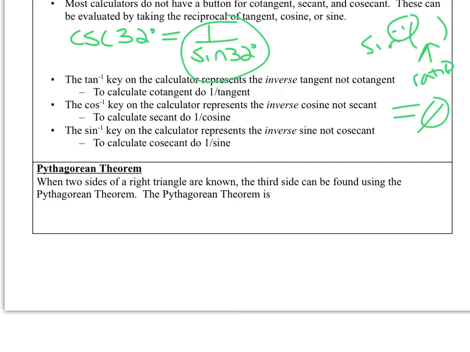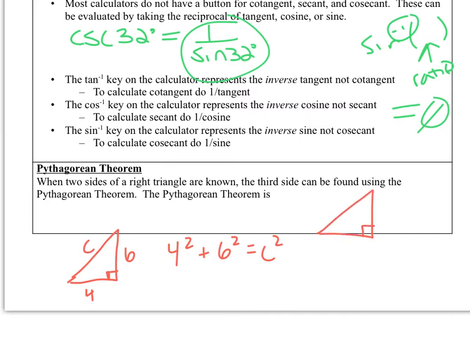All right, so when we are solving for a side of a right triangle, you've been doing this since middle school probably. If I have 2 sides of a right triangle, say I have these, I can find the missing side by doing Pythagorean theorem, a squared plus b squared equals c squared. Sometimes I'm given my hypotenuse, so your hypotenuse is always your c value.